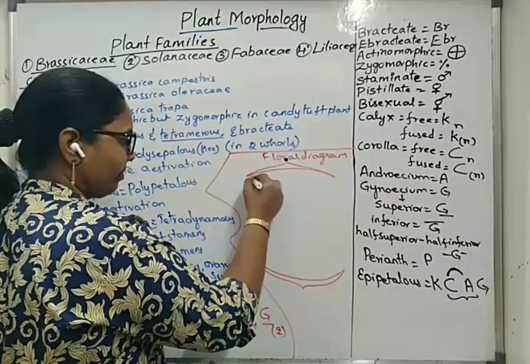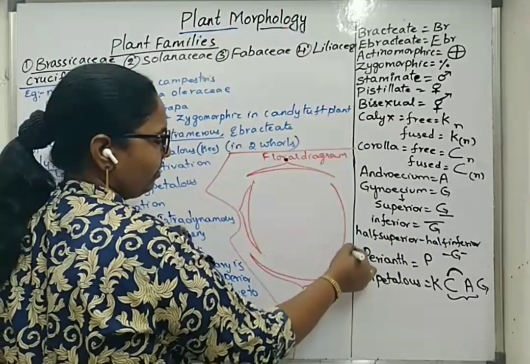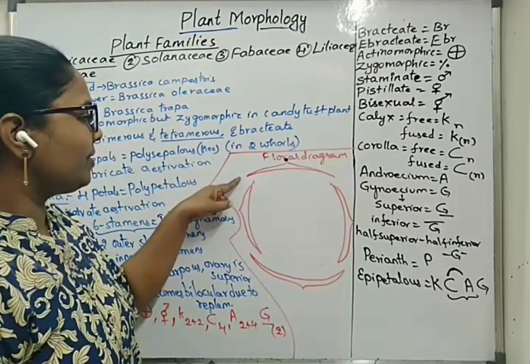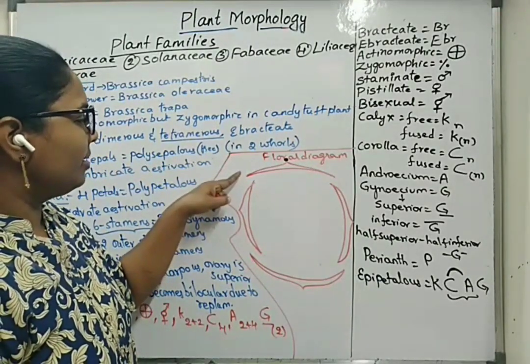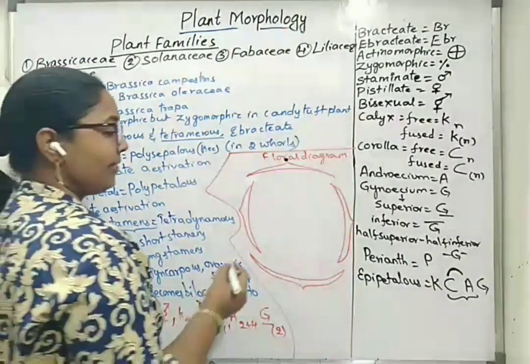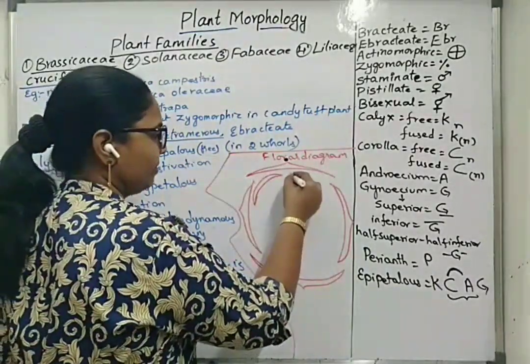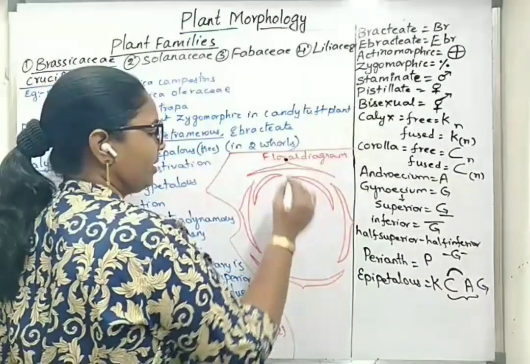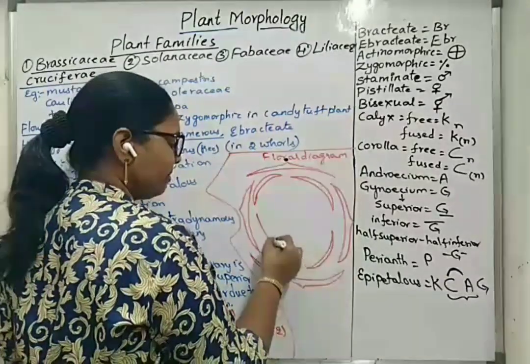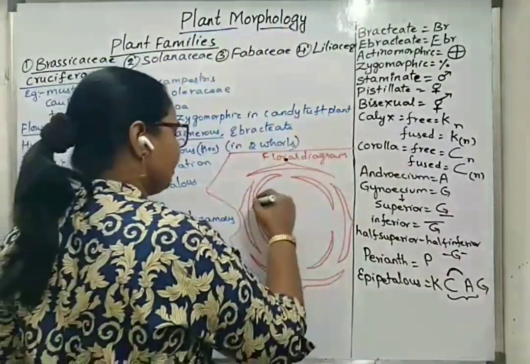Next, sepals arranged. This is the diagrammatic representation of sepals. In 2 whorls. This is 1 whorl, means 2 completely outside, 2 completely inside. Imbricate aestivation. Next, valvate aestivation means the petals are not overlapped. The representation of petals.